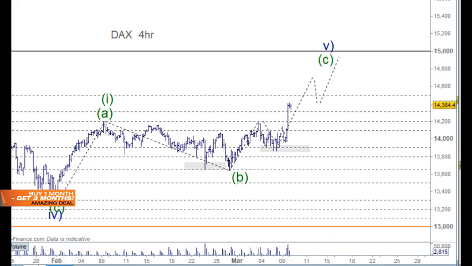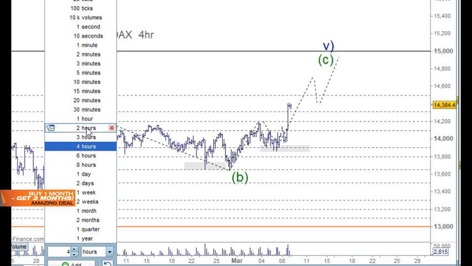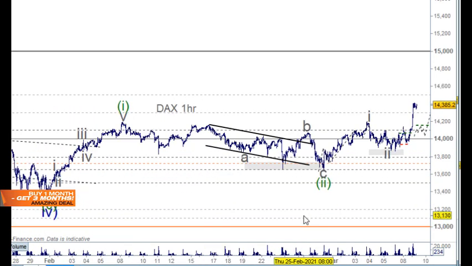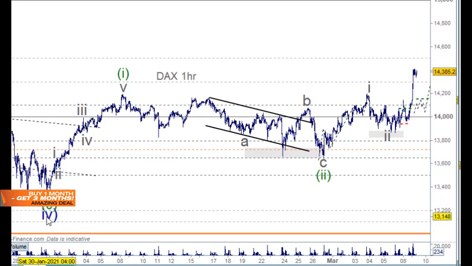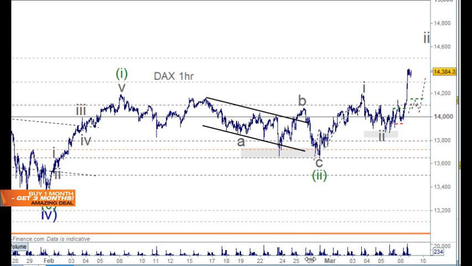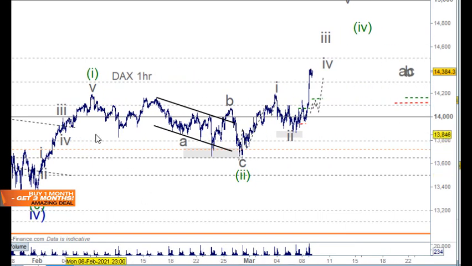Or we can look at it in more of a traditional impulsive pattern. The problem with this one, taking it from this wave 4 here, looking at this as wave 1 here, an ABC for 2 way over here, is it just leaves wave 2 rather large for wave 1, so that's a little bit of a problem.